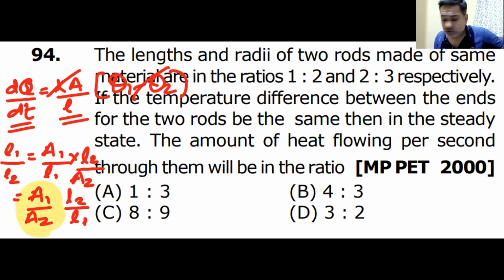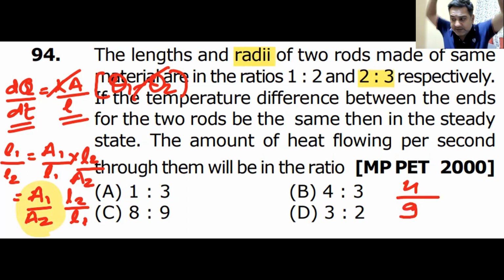I look at the ratio of radii, which is 2:3. Area is radius squared, so the ratio of area will become 4 by 9. Do we understand this? The ratio of area, which is in yellow, will become 4 by 9.